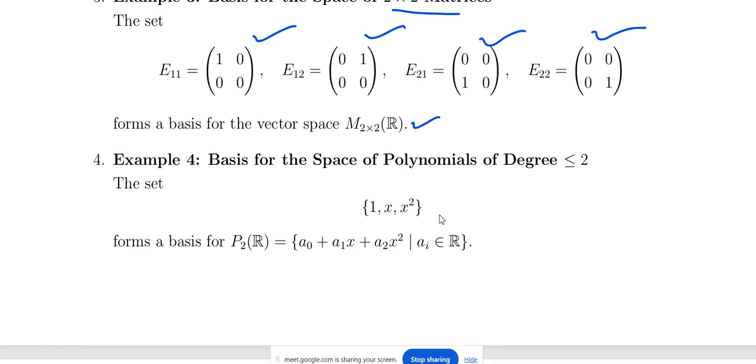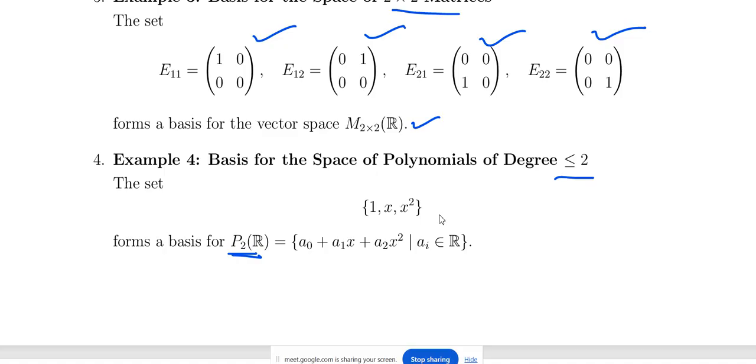And the basis for the space of polynomials of degree less than or equal to 2, P2 of R, is 1, x, x square. This forms a basis for P2 of R.